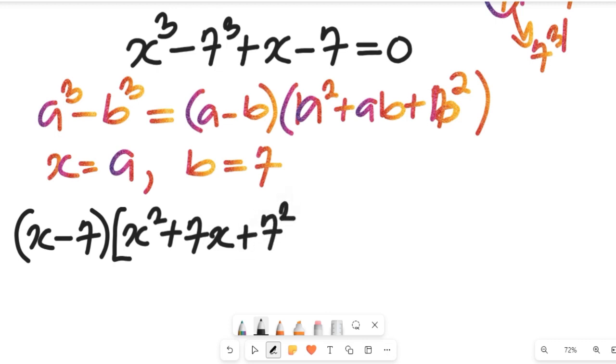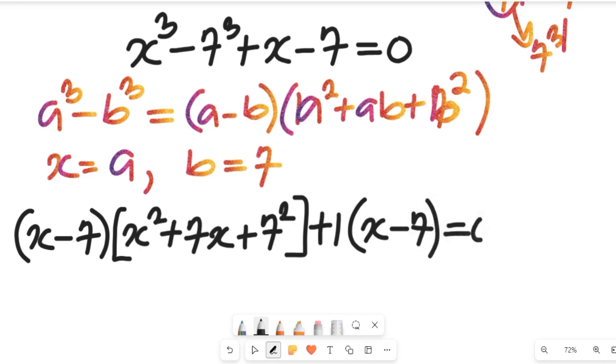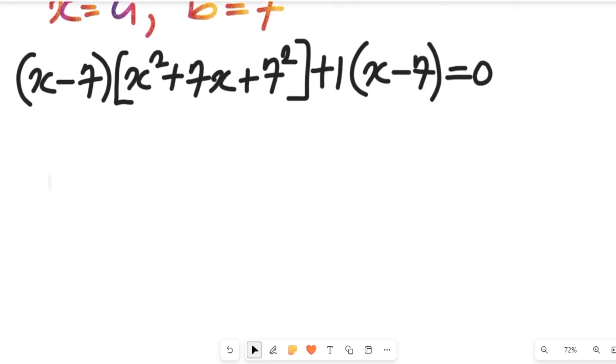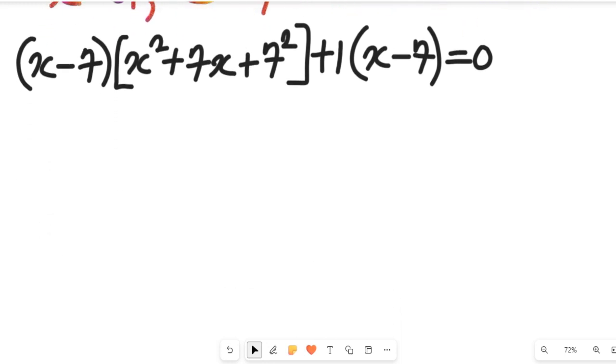That completes that equation. So this other one will give me plus 1 multiplied by x minus 7, and all this will be equal to 0. So I've expanded that expression. Having done this, you see that x minus 7 is common in this expression. So let's bring out x minus 7.